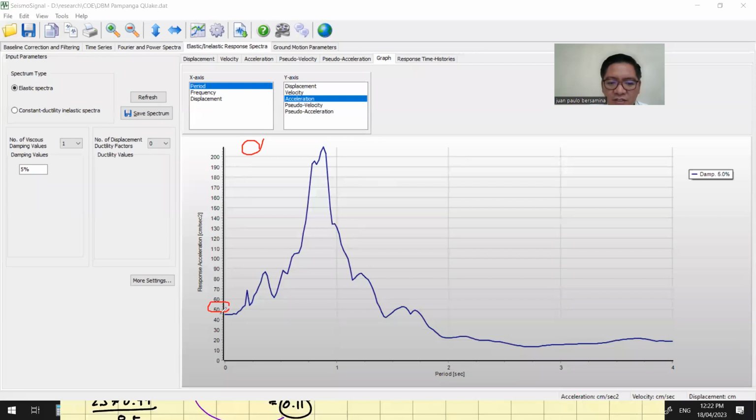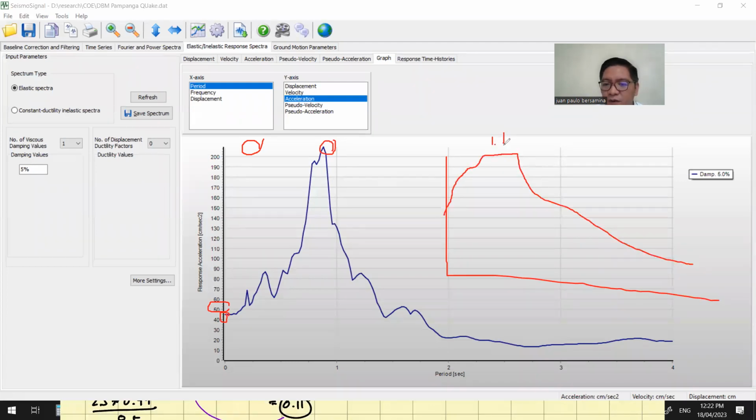So, ito ay 0.04 G. Ito ay 0.2 G. Superimpose natin si El Centro na 1.1 G. Ito ay 0.2 G lang siya. Ganun ito, 0.32. So, yung 0.2 nandito lang, no? 0.04 nandito. Ganun kaliit yung recordings na yan.